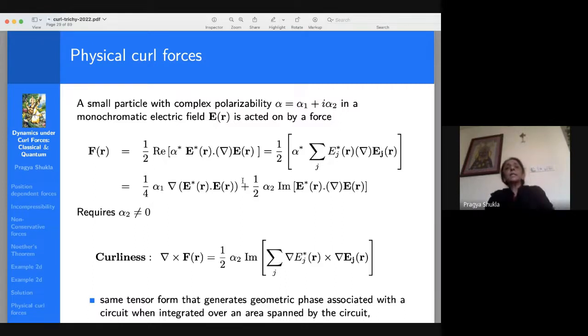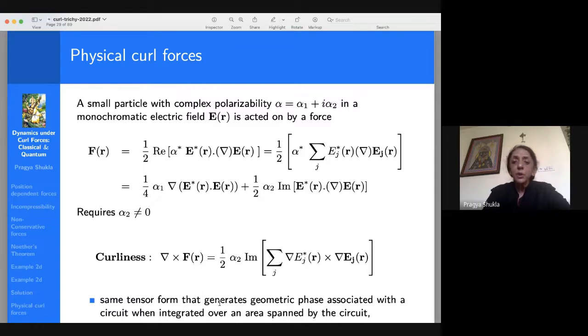And even under the simplest adiabatic approximation and non-relativistic approximation, you can show there is a mysterious force acting, which is not falling in the category of Hamiltonian formulation or the Lagrangian formulation, or which is violating Noether's theorem.